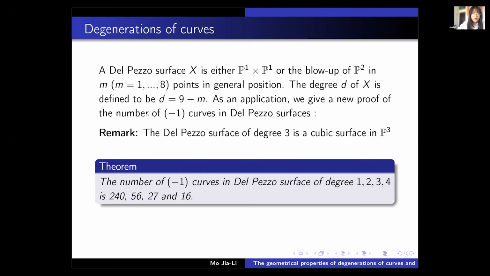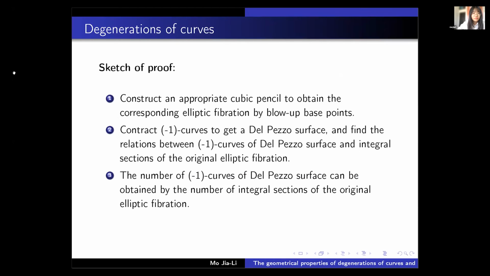I will also briefly describe this proof outline. First, blow up the base points of an appropriate cubic pencil to obtain the corresponding elliptic fibration. Second, contract -1 curves to get a del Pezzo surface and find the relations between -1 curves of the del Pezzo surface and integral sections of the original elliptic fibration.